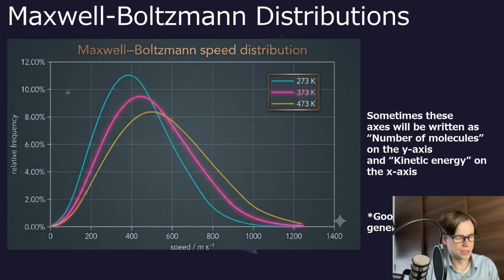It has a higher peak representing a lot of percent at one particular speed. And it's got sort of a tall peak and then a quick fall to a thin kind of tail on the right. But as we increase temperature, 373 Kelvin, what happens?